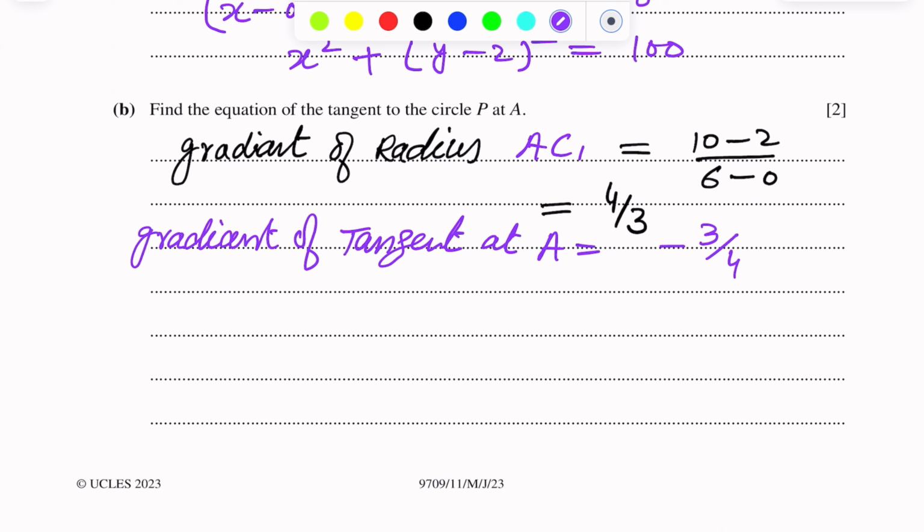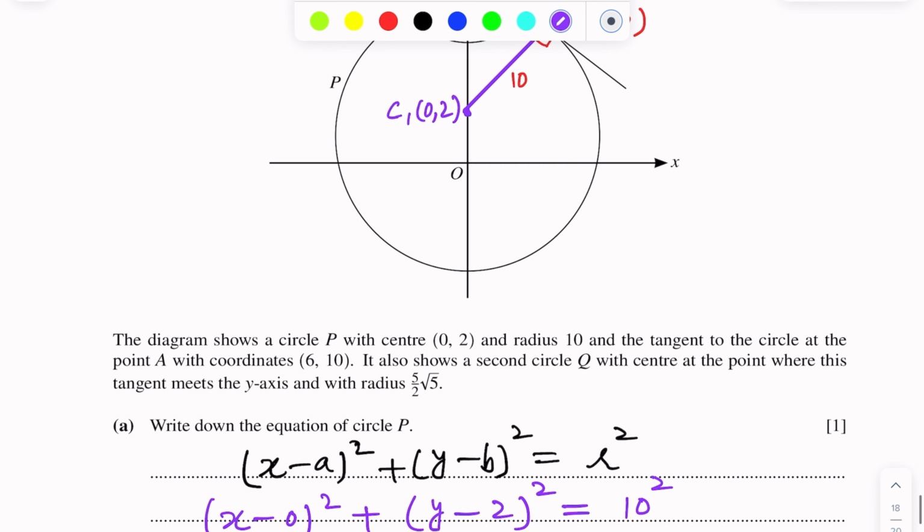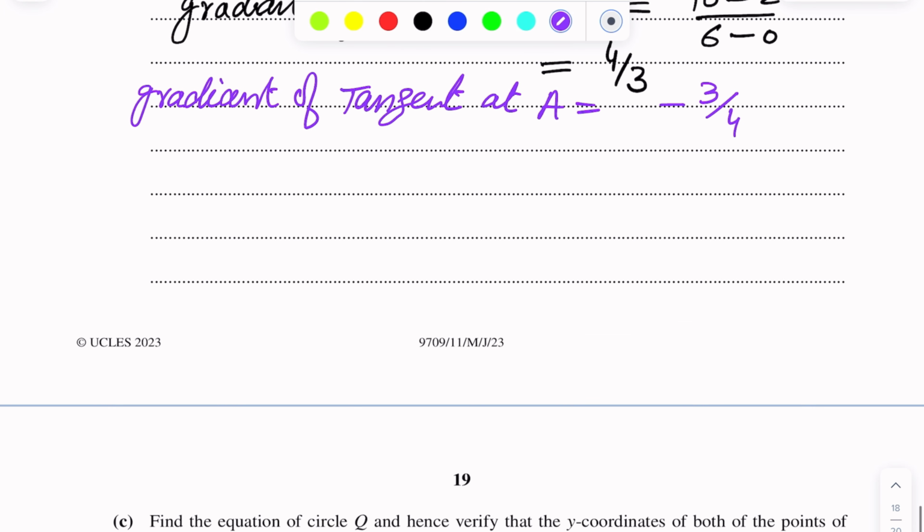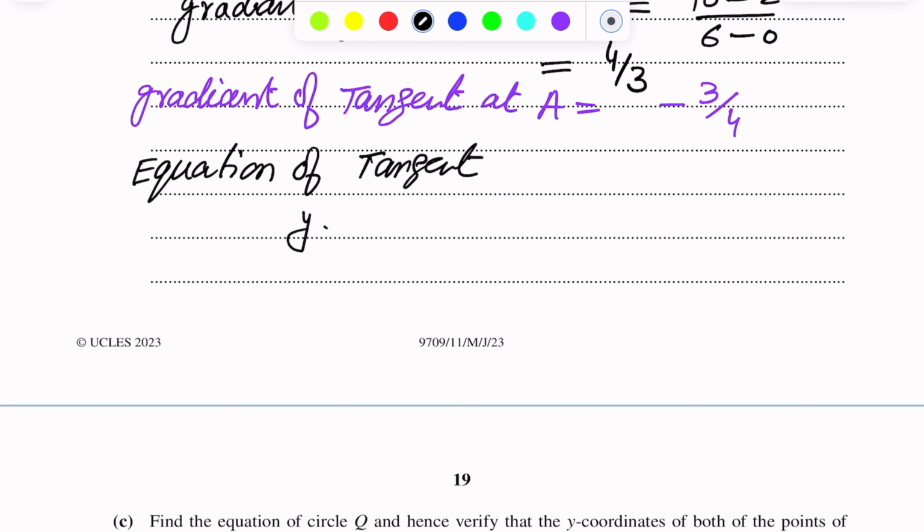Now the point is also given, that is 6, 10. So equation of tangent will be y minus 10 is equal to negative 3 over 4 times x minus 6.